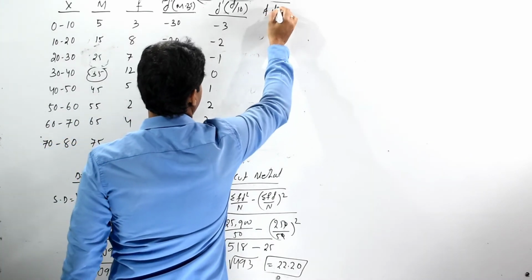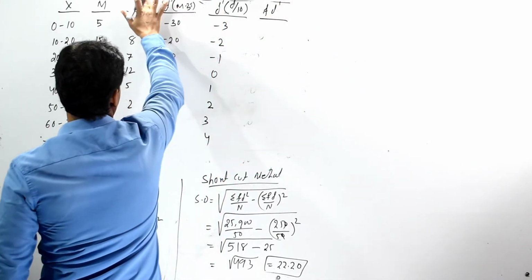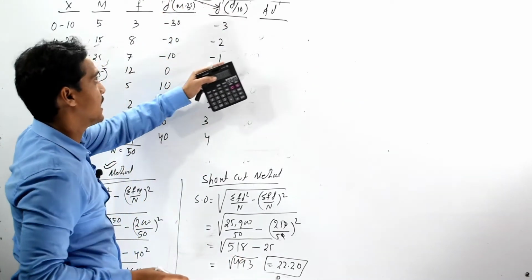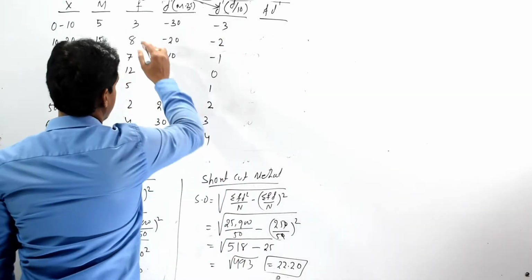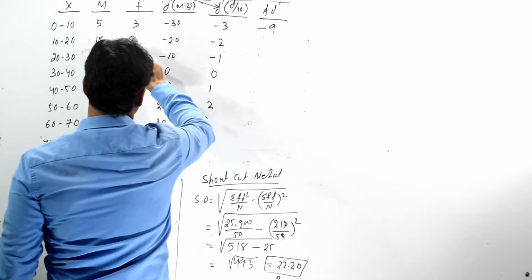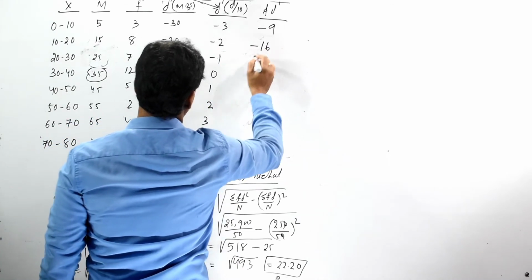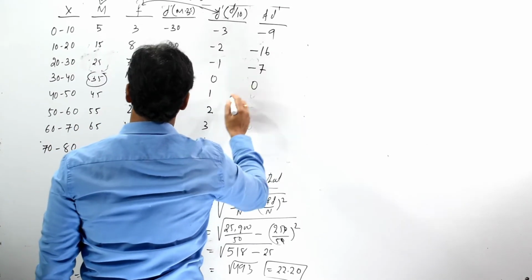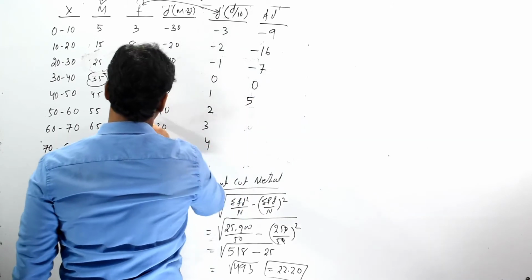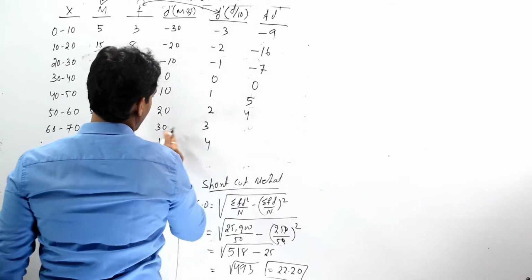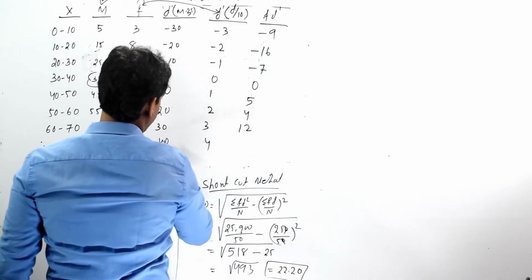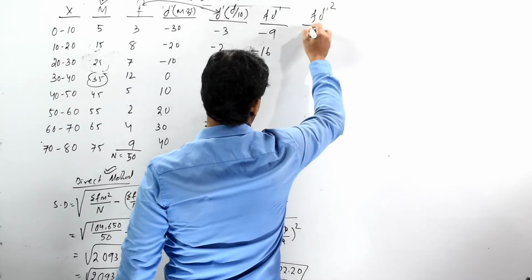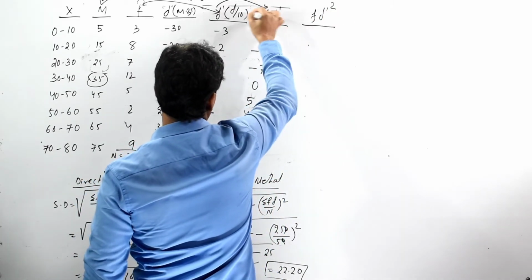Now find out fd dash, that is f into d dash, by multiplying the frequencies with d dash. That is 3 into minus 3 is minus 9, 8 into minus 2 is minus 16, 7 into minus 1 is minus 7, 12 into 0 is 0, 5 into 1 is 5, 2 into 2 is 4, 4 into 3 is 12, 9 into 4 is 36. Now find out fd dash square, that is fd dash into d dash.